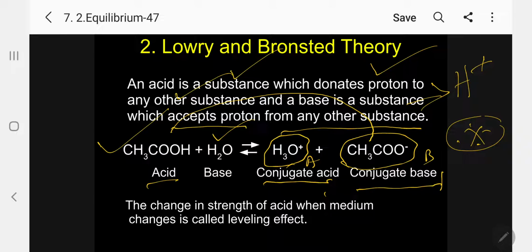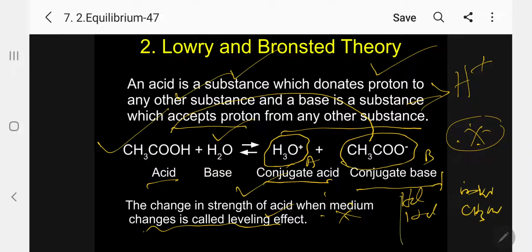Please follow. The change in the strength of an acid when the medium changes is called the leveling effect. Please remember. I will now take HCl in water, and the same HCl in acetic acid. The acidity will not be the same in both cases.